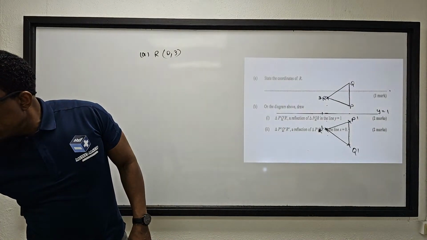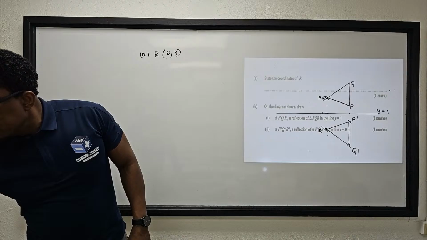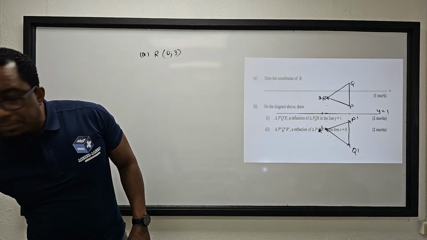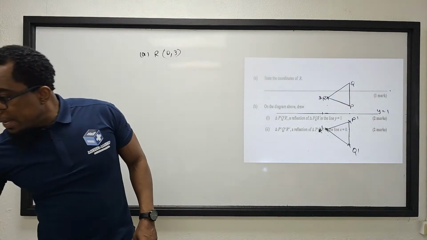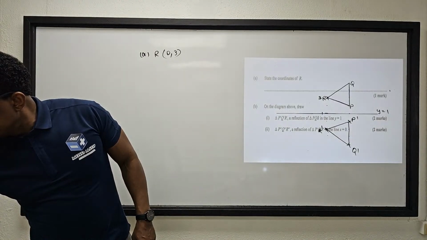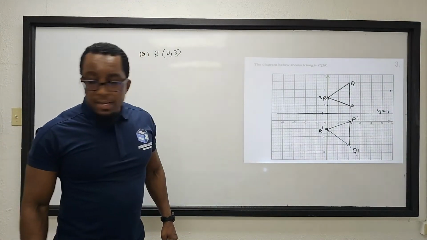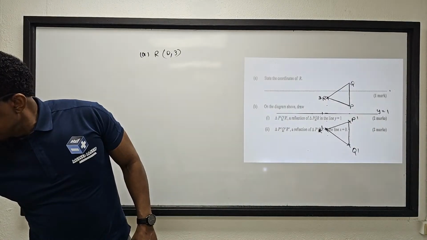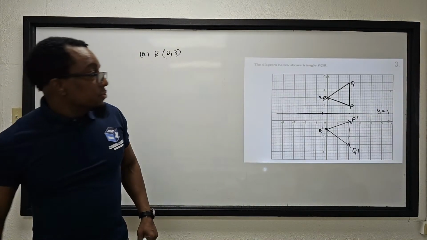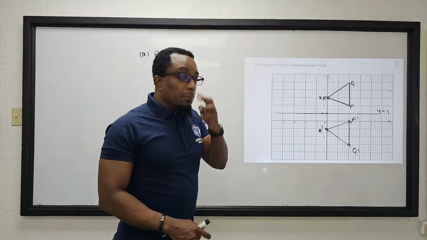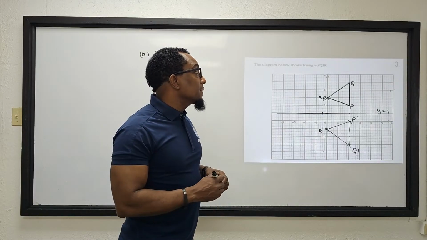So let's look now at P double prime, Q double prime, R double prime, which is a reflection of triangle P prime, Q prime, R prime about the line x equal to 0. So where is x equal to 0? Reflection about the line x equal to 0.